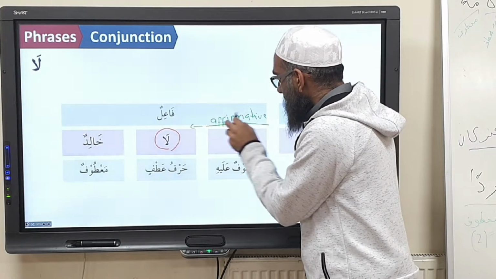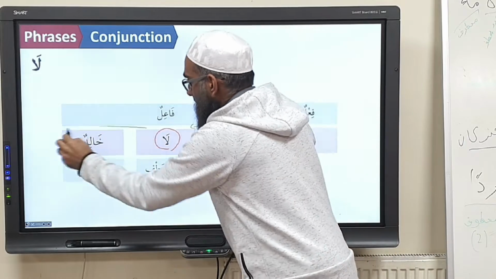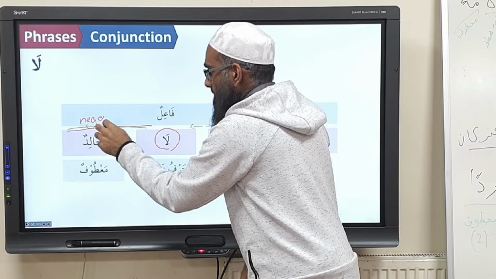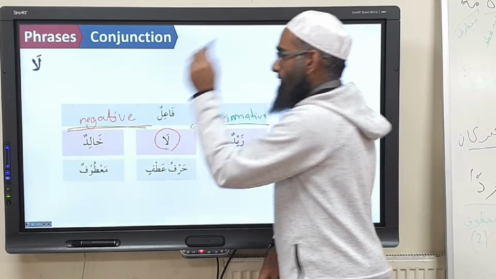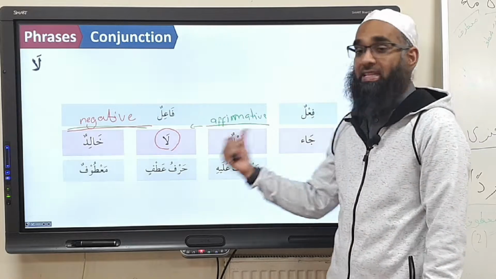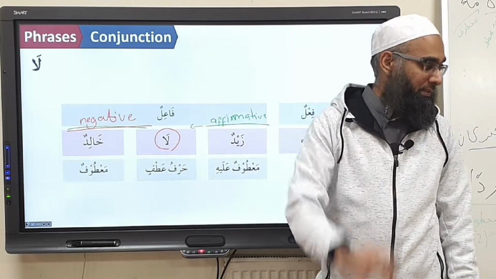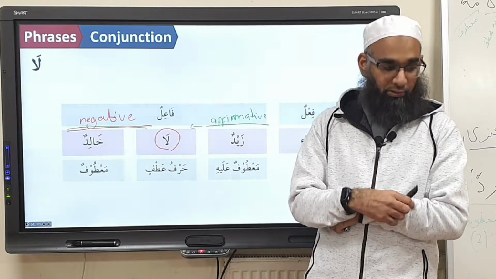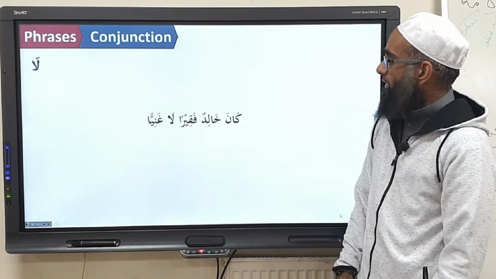And then here, in red, this is going to be negative. Make sense? How do you translate this? Zayd came, not Khalid. Do you understand? Let's try a few of them.